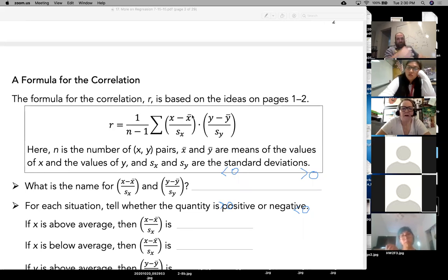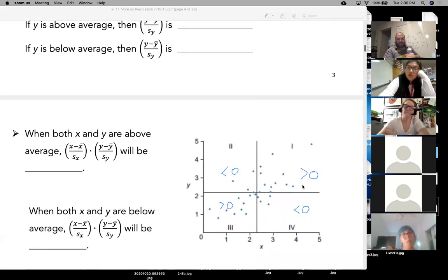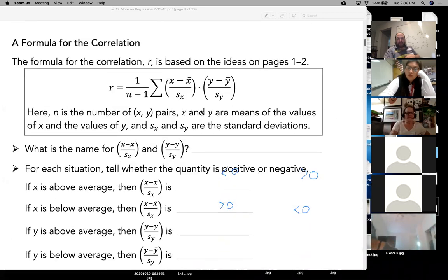Again, if I have positive association, most of the dots are here in quadrants 1 and 3, so when I multiply these, I'll get lots of positives. If I add up lots of positives and a few negatives, it's probably going to be positive, which is why a positive R corresponds to something that looks like this.